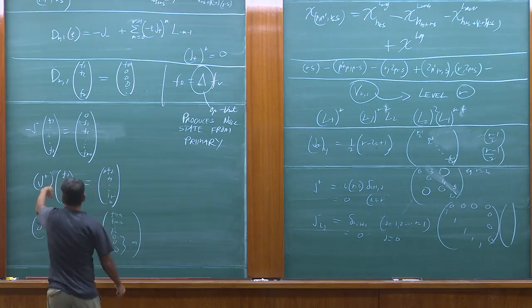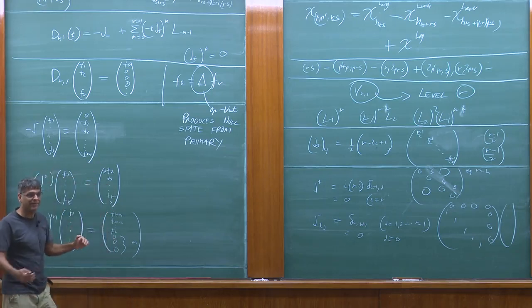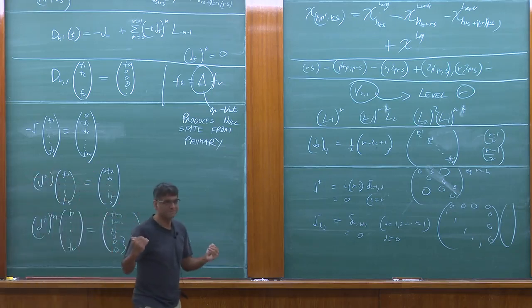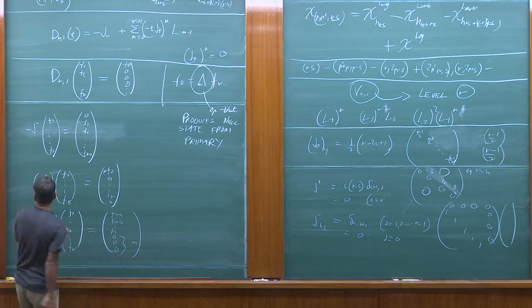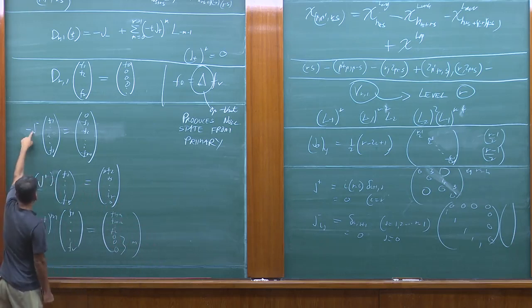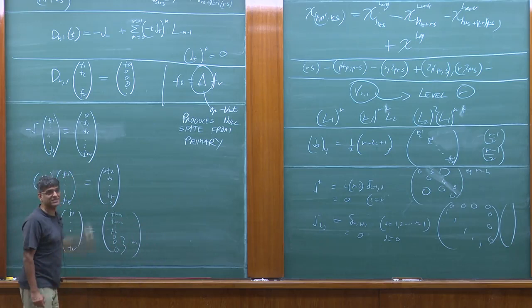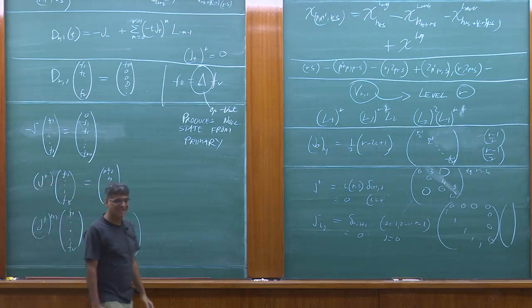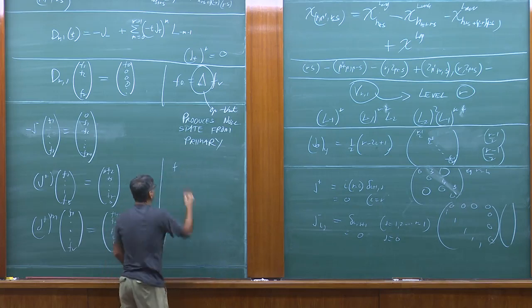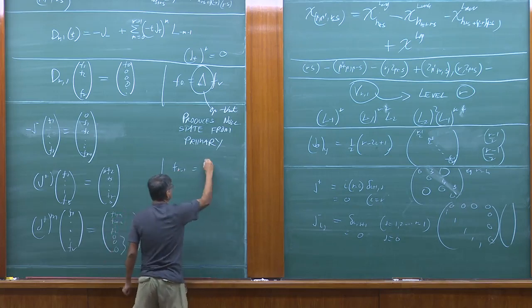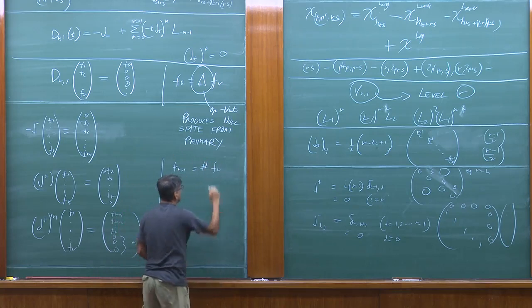When we had j plus to the power 0, we had Fr in the last row. J plus to the power anything else produces 0 in the last row. But j minus produces Fr minus 1 in the last row. So up to some numbers, you look at the last row and you get Fr minus 1 is equal to some number times Fr.